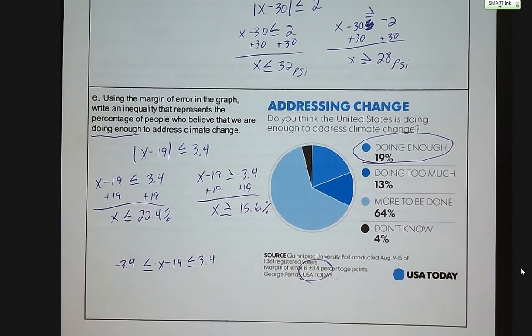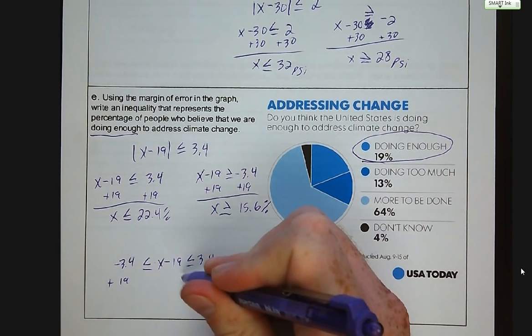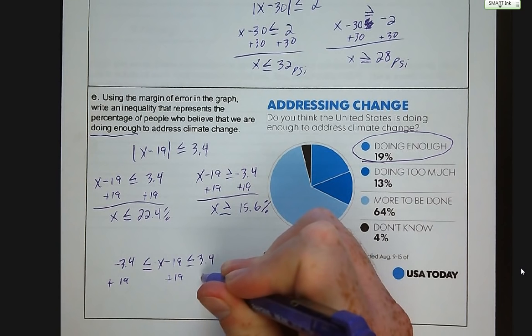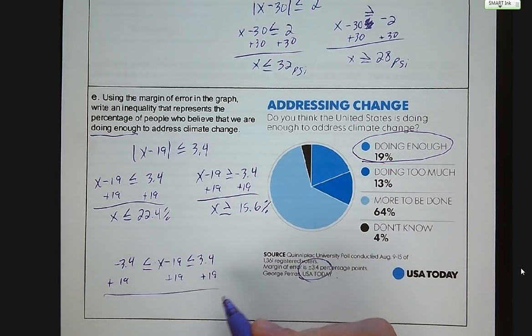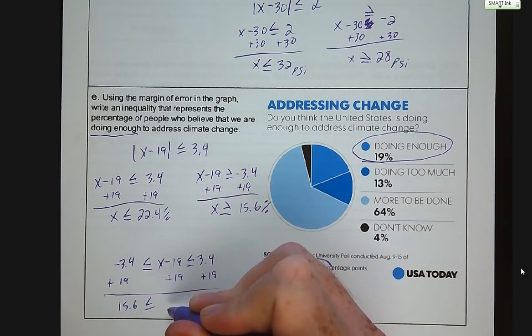So on the inequalities where you have less than or equal to, like problem 5, you could set it up as this compound inequality, and then you would just be adding 19 to your 3 pieces like we did the other day, and you would get the same results. You would have 15.6 is less than or equal to x, which is less than or equal to 22.4.